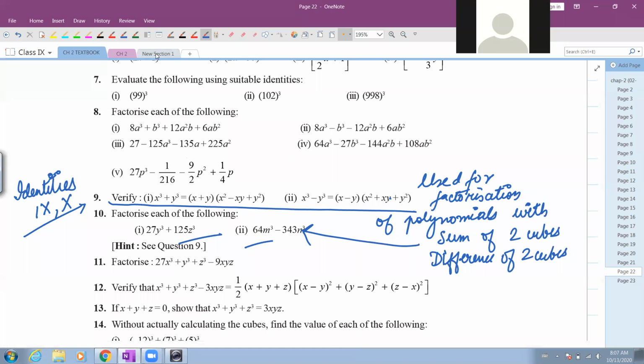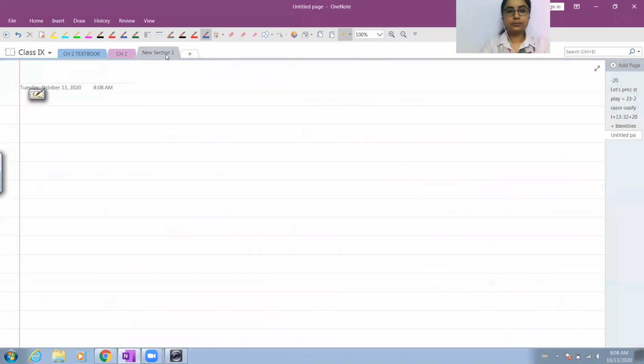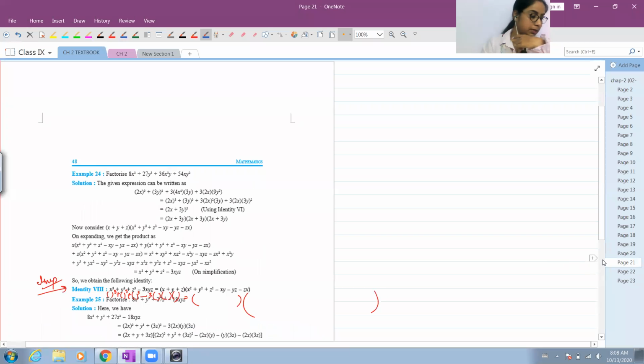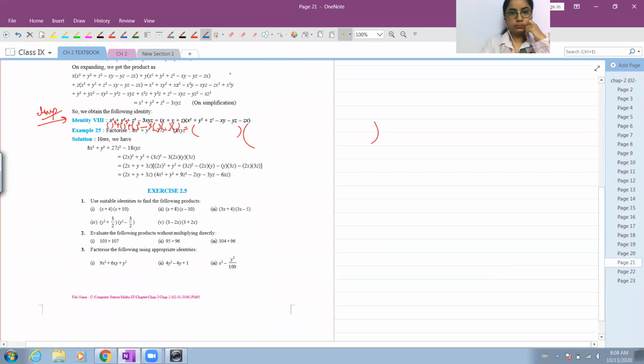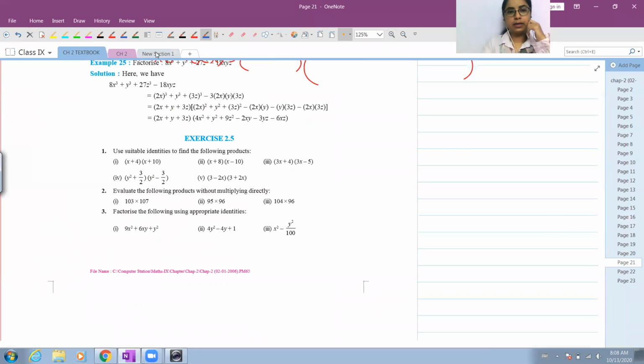Let's start with the questions. Question number 1 is: expand using suitable identities. x plus 4 multiplied with x plus 10.